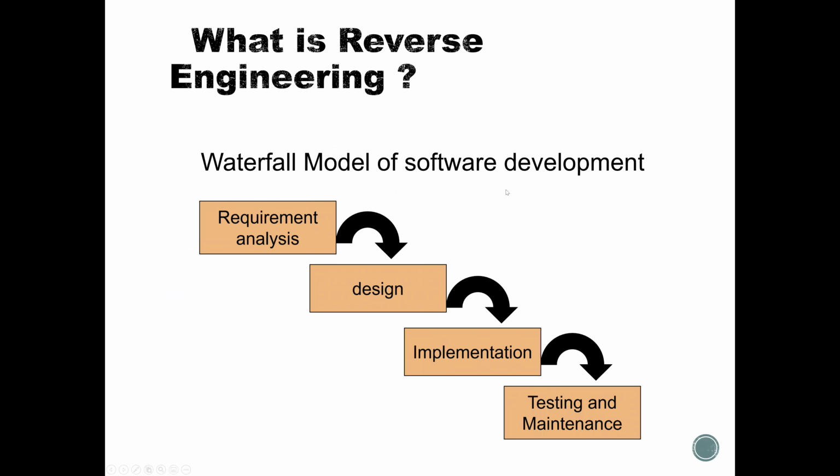Before we go into what exactly is reverse engineering, let's see what the waterfall model of software development is. I assume that you know about the waterfall model in more detail, however I will just give you brief information on how it works. First we capture some requirements from the customer, based on which we prepare the software requirement specification, which we also call SRS.